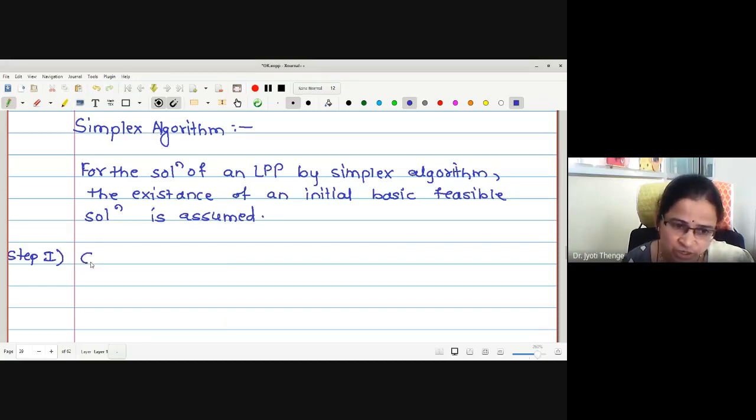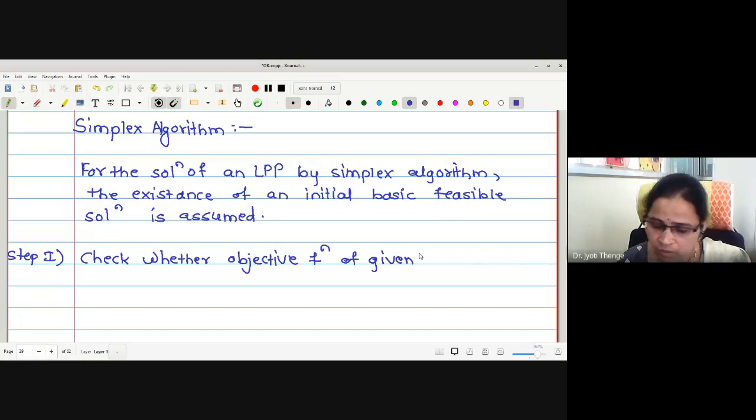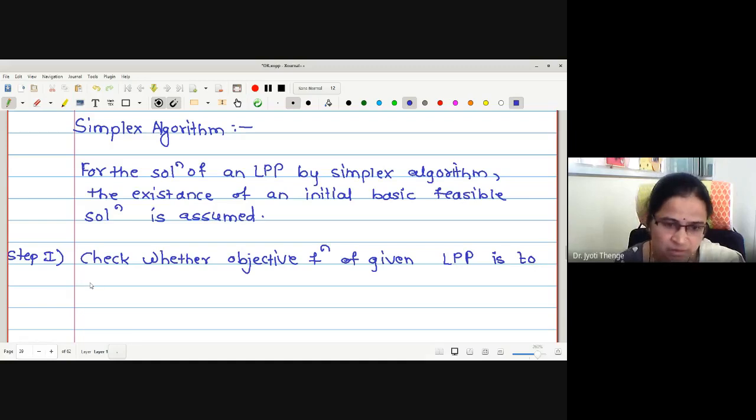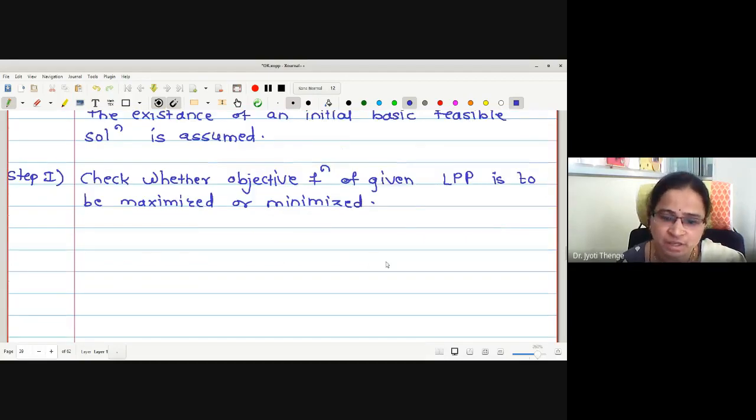Step 1 says: check whether the objective function of the given LPP is to be maximized or minimized. We have to check it first. And what to do? If it is in the minimization form, we have to convert it to maximization.